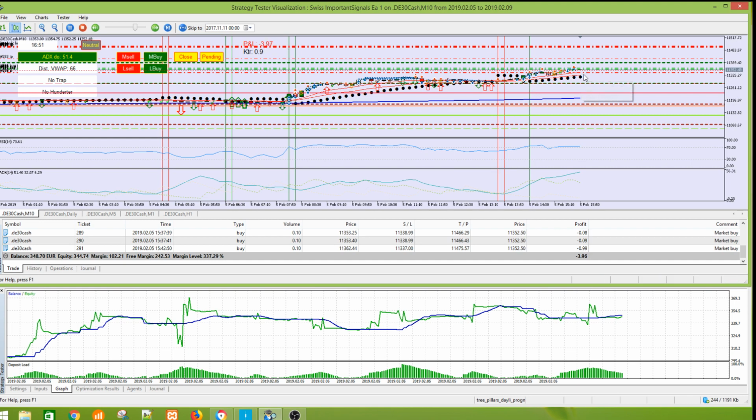Here the stop loss is a bit very narrow. It should be beyond EMA 20, about here. But I let it be.